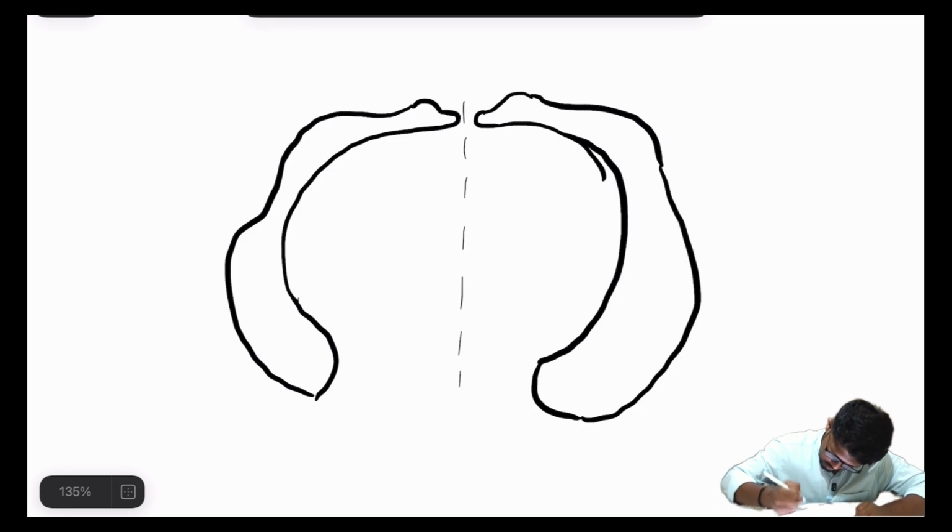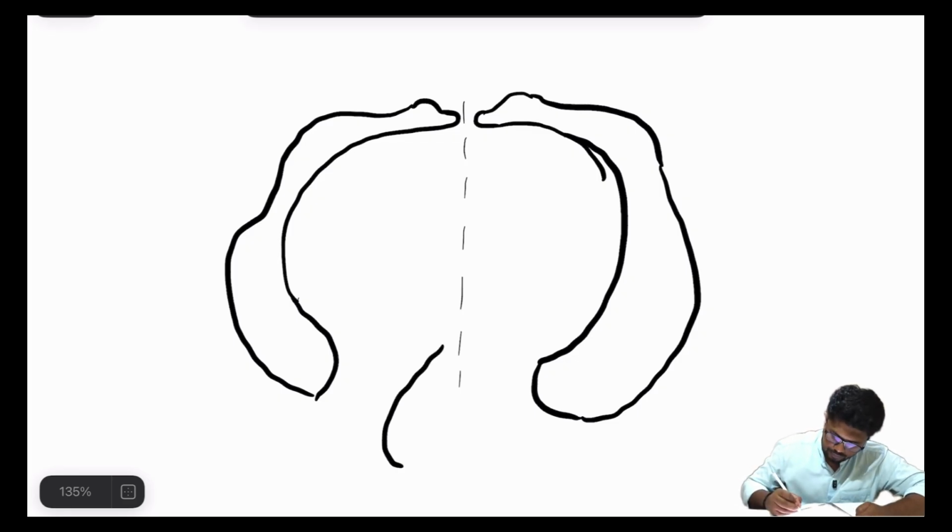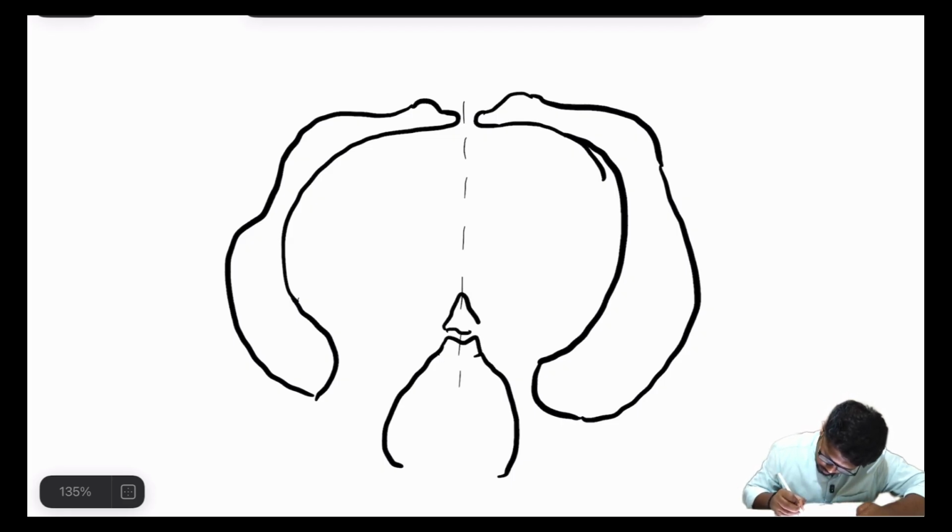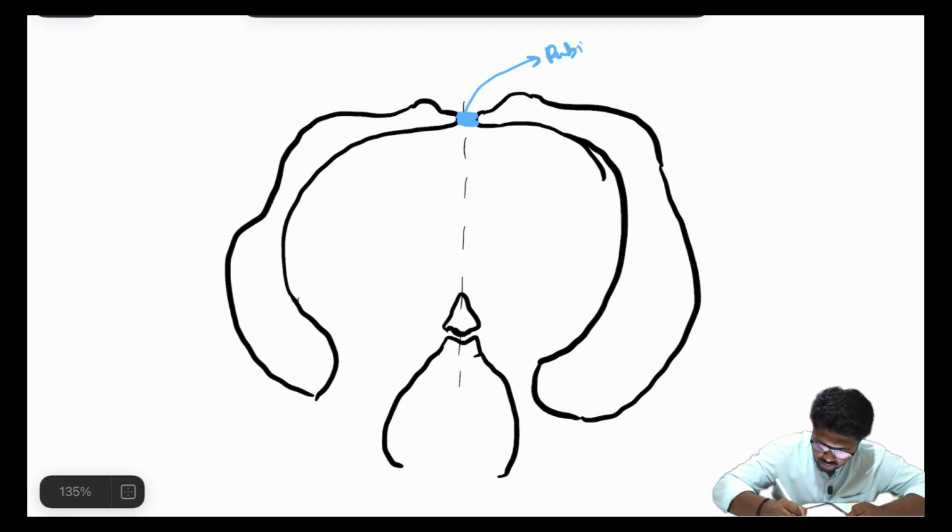If this is the midline, somewhere here I'm making the sacrum, and here I'm drawing the coccygeus. Okay, and between the pubic bones there will be pubic symphysis.